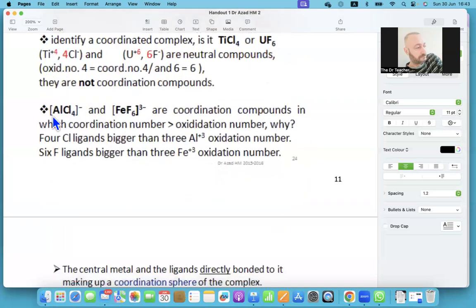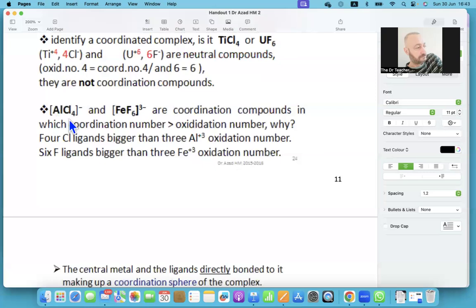Let's come to the AlCl4 minus and hexafluoroiron 3. Now, which are coordination compounds, where the coordination number is bigger than the oxidation number? Let's count.